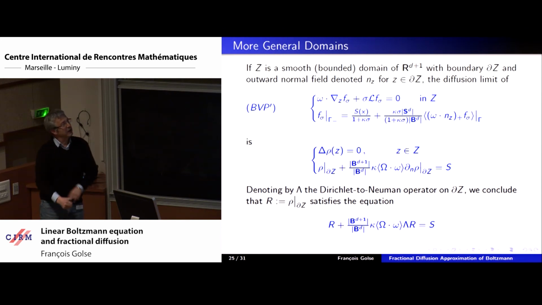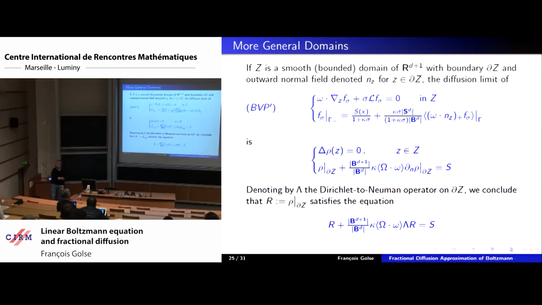So here we have treated the case of a half space, right? With a flat boundary. Something that you can always do is treat the case of a smooth bounded domain of R^(d+1), which we call Z. Now it's no longer the upper half space. It has geometry in the boundary.